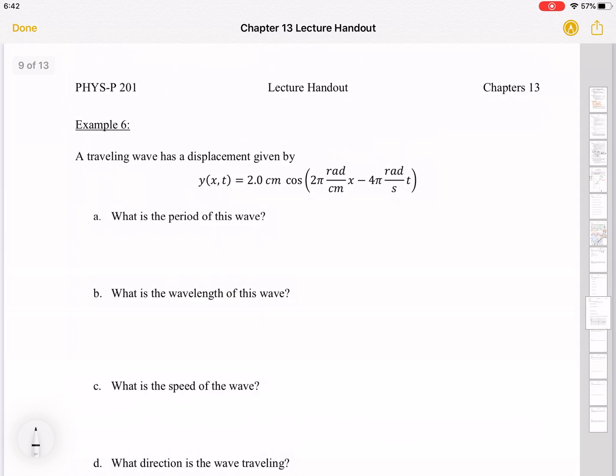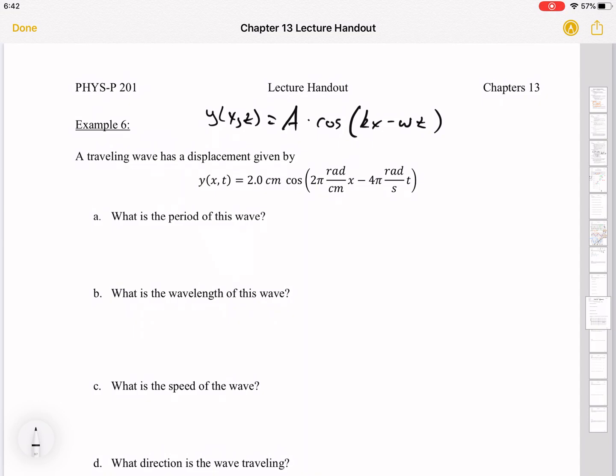Let's do this example. Example 6 says a traveling wave has a displacement given by this equation. Identify a bunch of stuff about it. So what's the period of this motion? Well, we're just going to read it, remembering that the equation for this is a cosine of kx minus omega t.